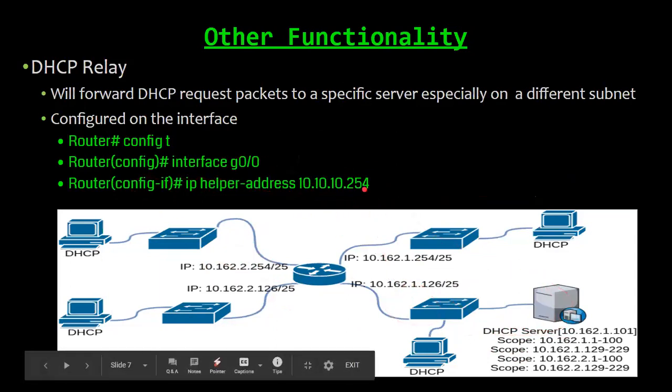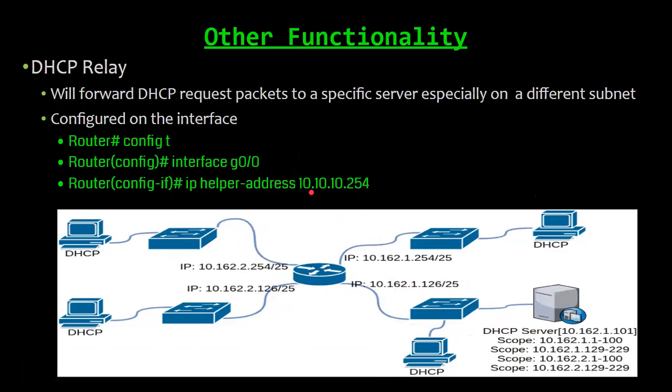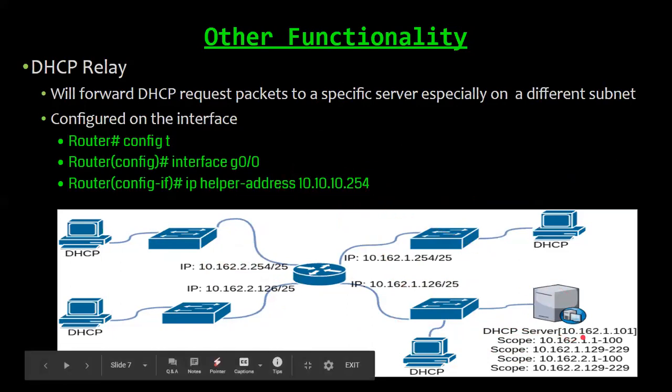This should say IP address 10.162.1.101. In that case, whatever interface that's on here would relay to that DHCP server. A relay would not be necessary here because this DHCP client is on the same interface as this DHCP server.